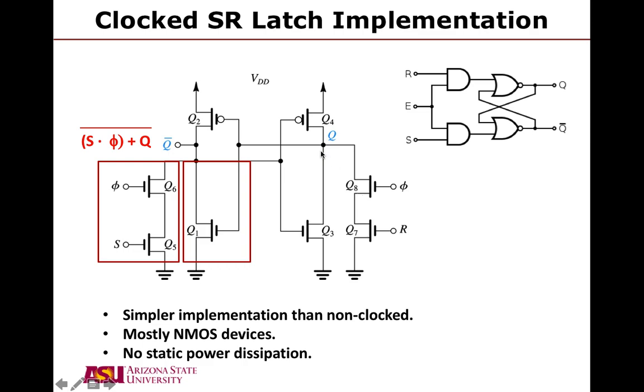Mostly NMOS devices, only 2 PMOS needed, and they've done this by using cross-coupled inverters with extra circuitry on the side. Again, not trivial and not your standard CMOS logic gate. This has been done by designers over time in order to simplify or reduce the physical area of the circuit.